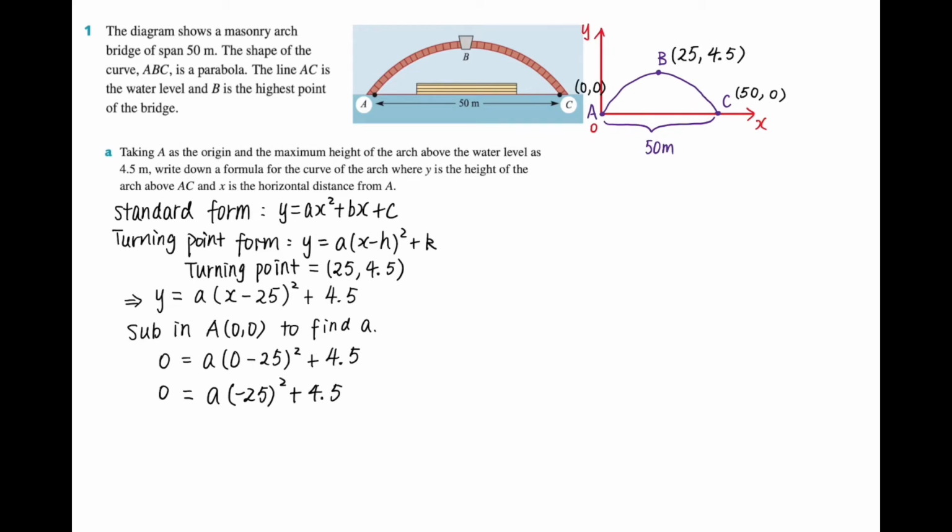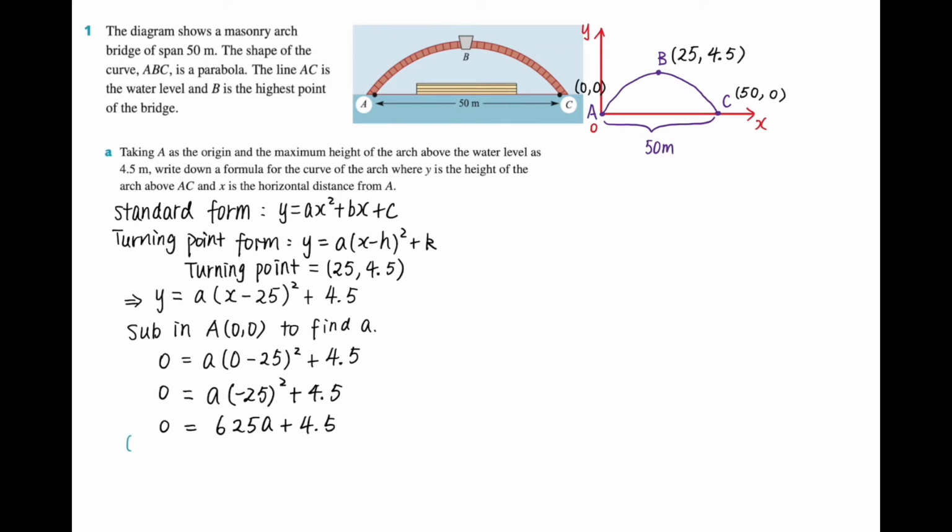We know that negative 25 squared is negative 25 times negative 25, which is positive 625. So we can write 0 equals 625a plus 4.5.